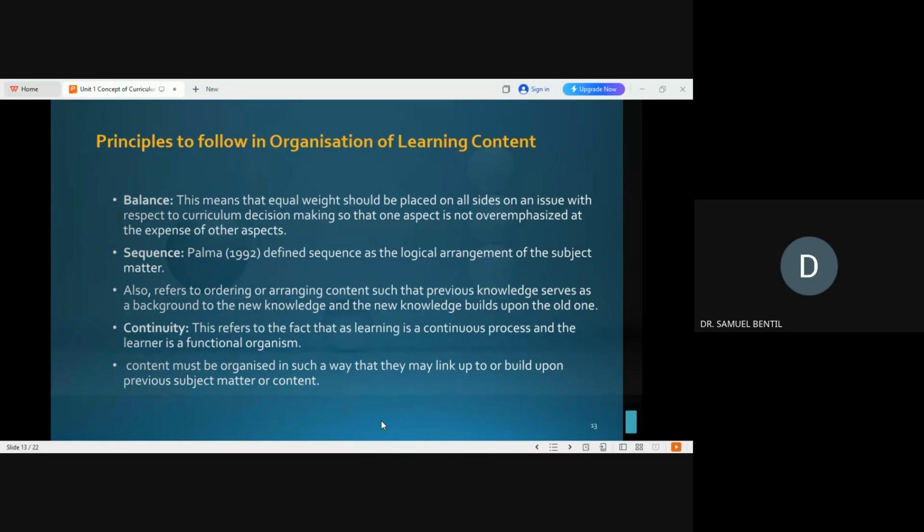Then we have what we call the principle of sequence. So according to Palmer, sequence is the logical arrangement of the subject matter.